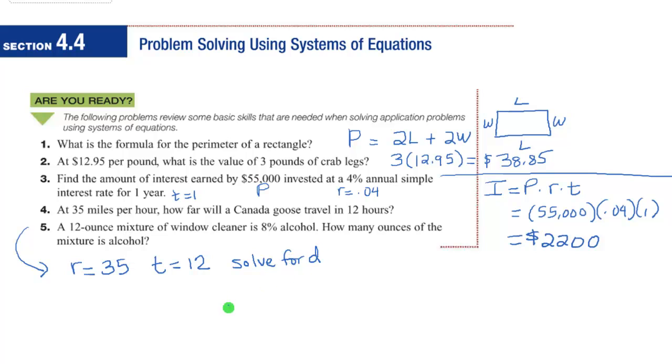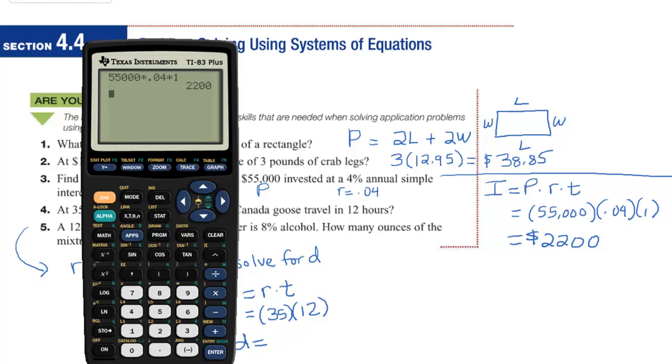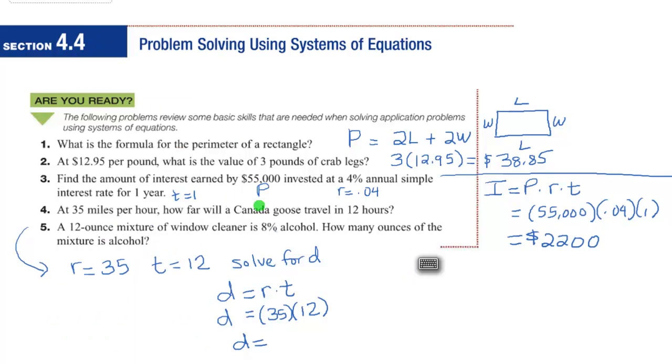And we're going to use the distance equals rate times time formula. So go ahead and put in your rate, 35, times your time, which is 12 hours. That's going to give us distance in miles. 420 miles. Okay, that's number 4.